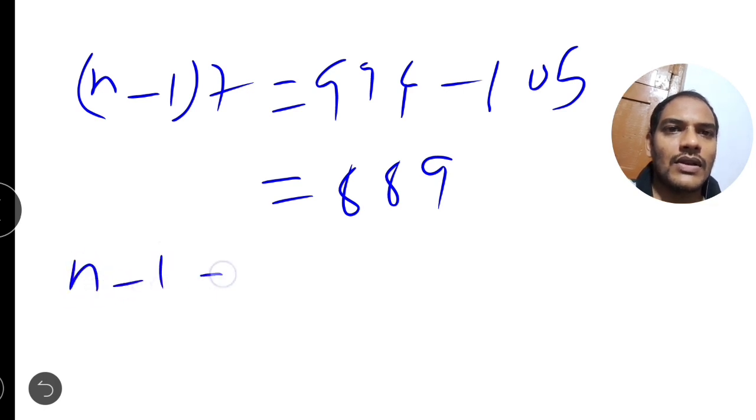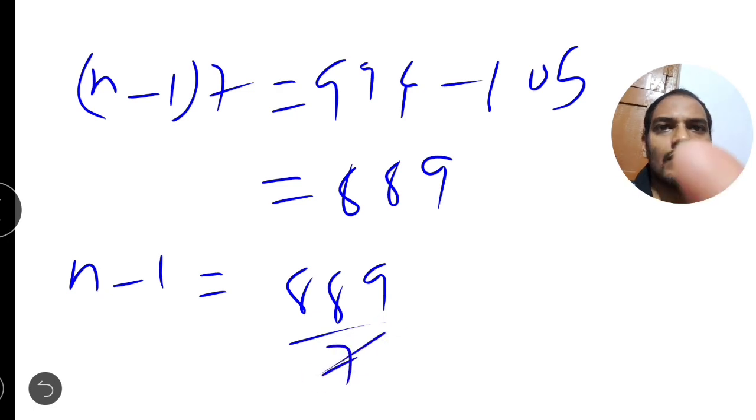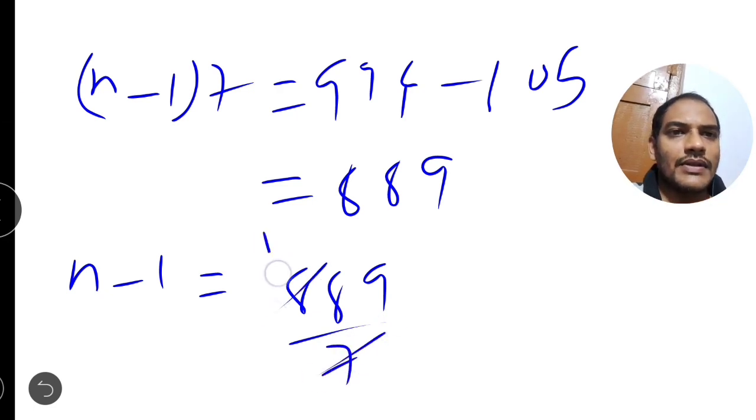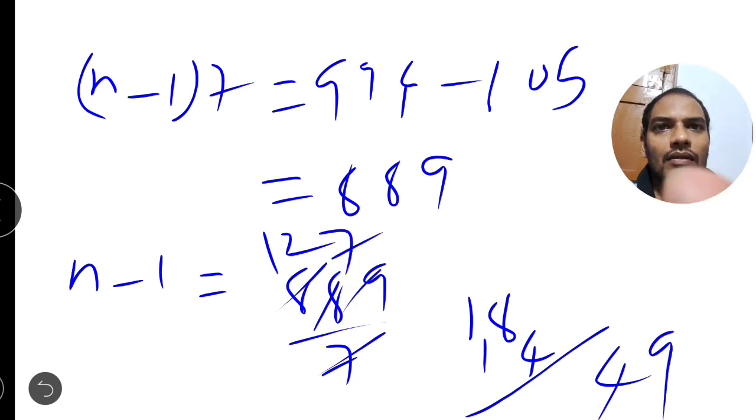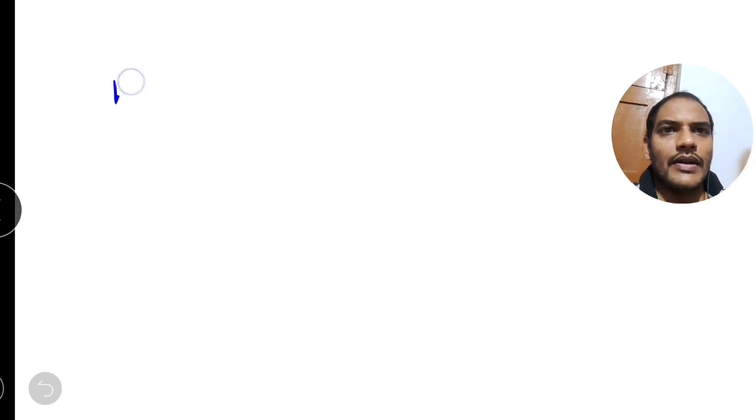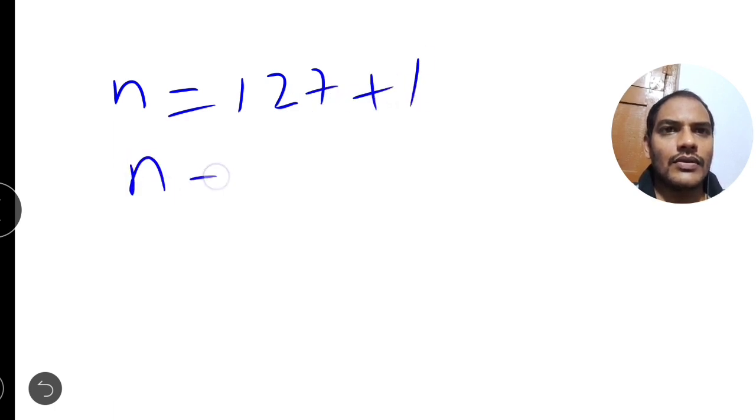So n minus 1 equals 889 divided by 7. 7 ones are 7, 1 remainder 8, 7 twos are 14, remainder 4, next 9, 7 sevens are 49. So n minus 1 equals 127, plus 1, n equals 128.